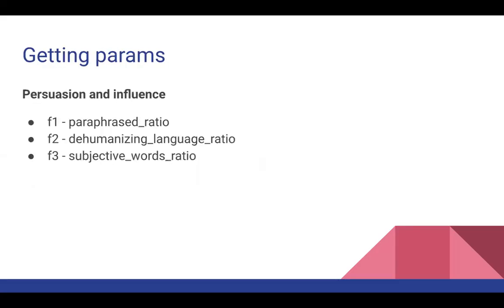Those are three main parameters that we picked: paraphrase ratio, how much the text is repeating itself; dehumanizing language ratio, how many terms are used to dehumanize and deprive a human person in this text; and subjectivity ratio, detected by spaCy, as English and other languages have a coefficient of subjective words.